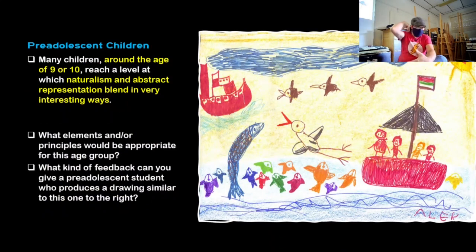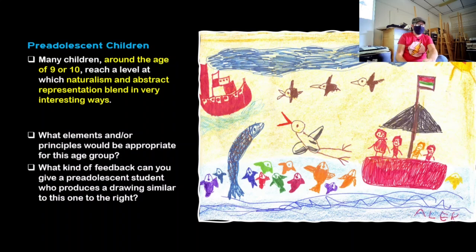They start thinking about, well, this should be bigger than this. Sometimes they even think about a little bit of perspective. Like this kid is clearly thinking that if this boat is closer and that boat is further away, that boat should be higher than this one. Those kinds of things start occurring to students.